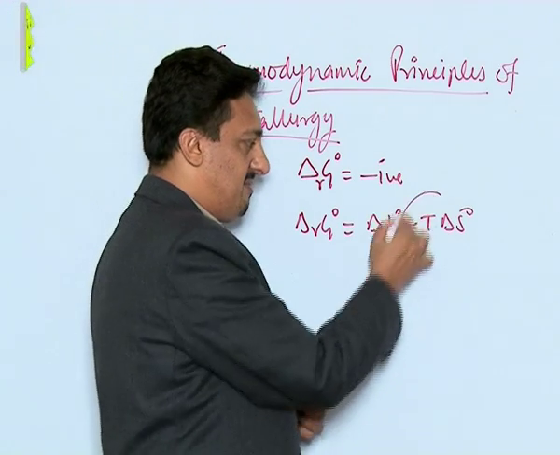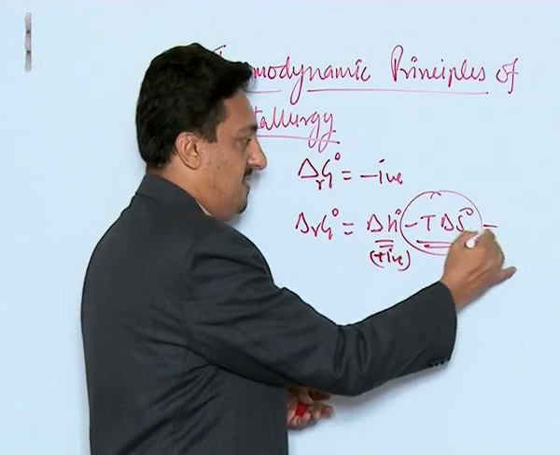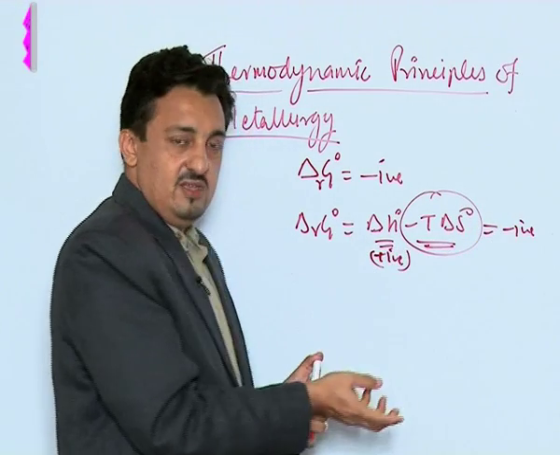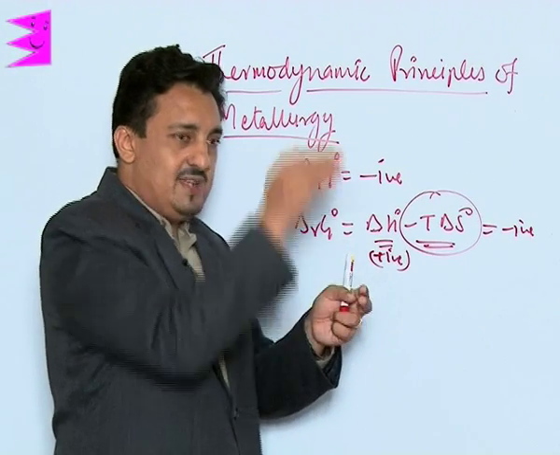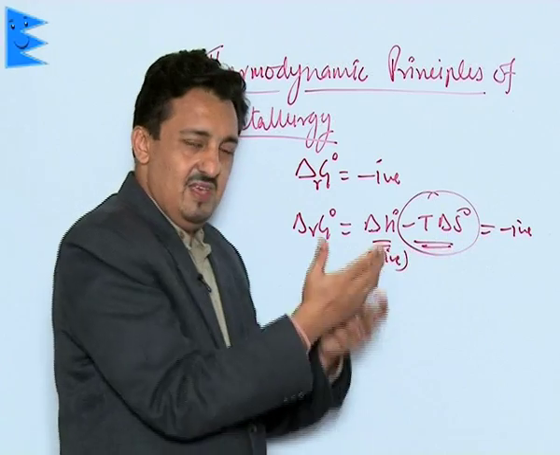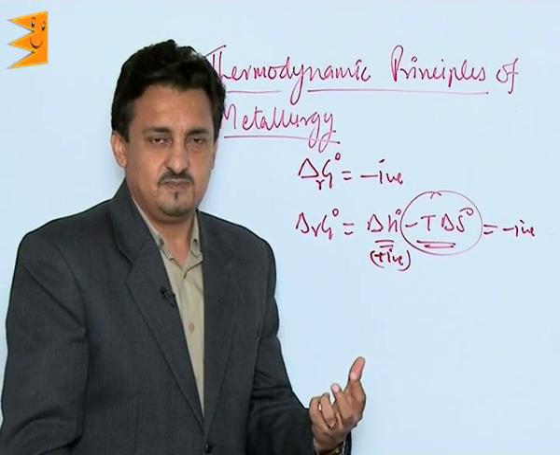So it is the temperature factor which makes the summation negative. Above what temperature this term becomes bigger than this one, so that the summation is negative, decides at what temperature that particular ore is to be heated.